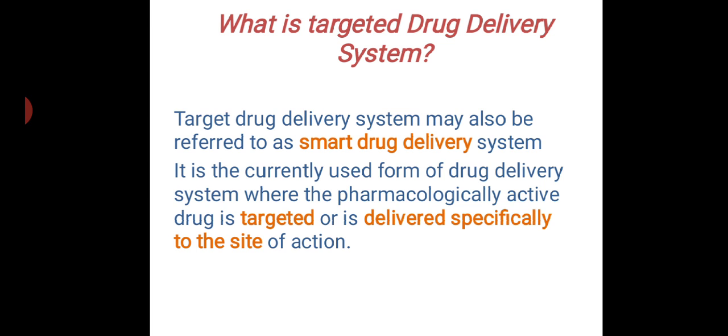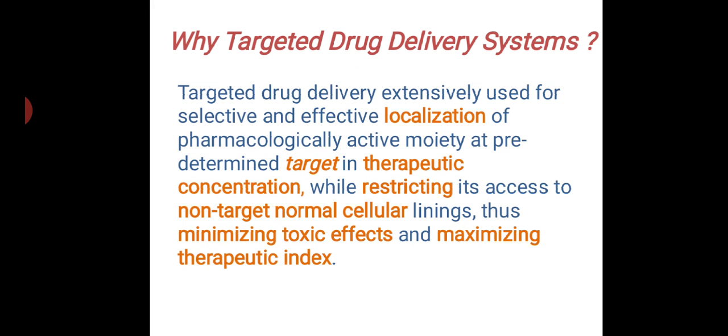So the drug is developed with the help of these types of carriers to target the cells, and that we call the targeted drug delivery system. These carriers carry your drug molecules to the targeted site. That is, in short, what we call the targeted drug delivery system.